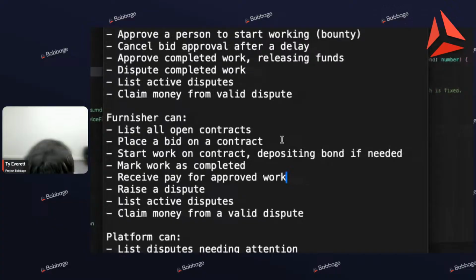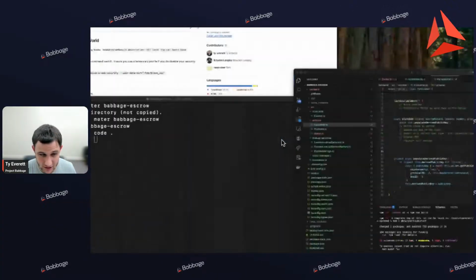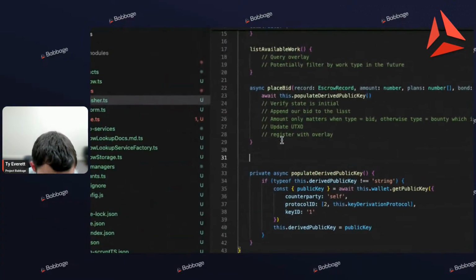And then a contractor can start work on a bid.